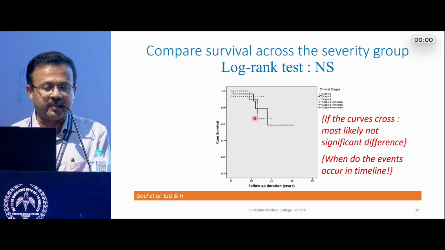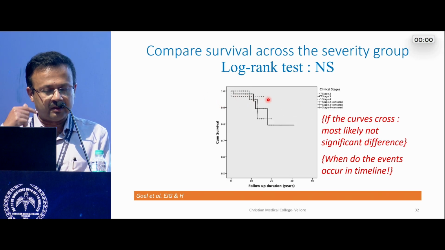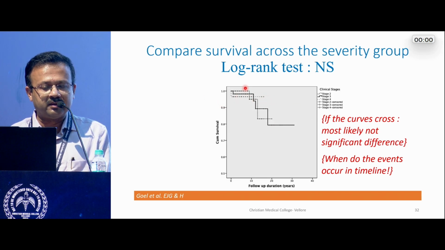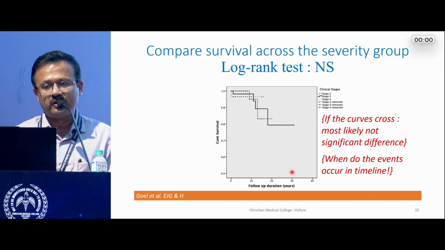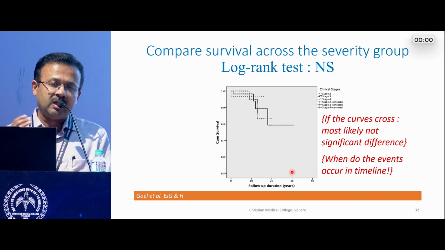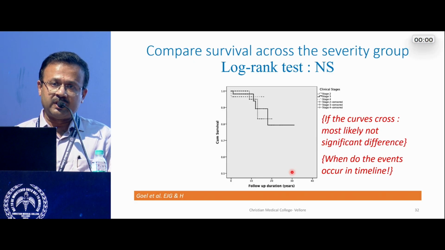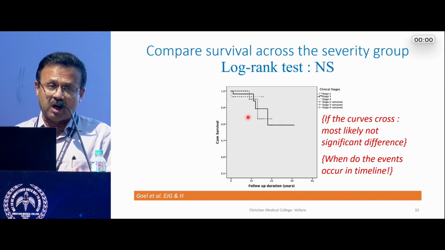You can see there are a lot of people being censored, the vertical lines, and the step downs are starting to happen only at 10 to 15 years of follow-up. So essentially, the Kaplan-Meier curve gives you a pictorial representation of how many events occur and when they occur in the life cycle.